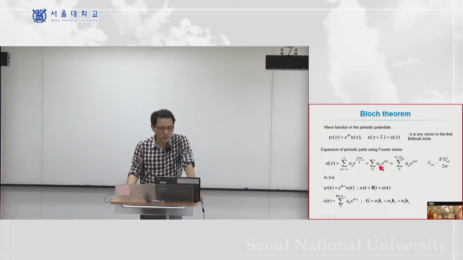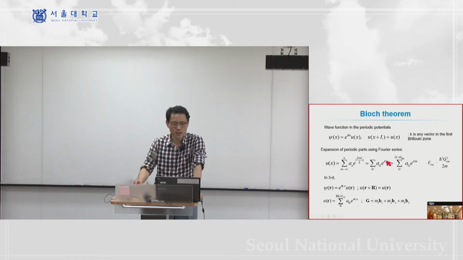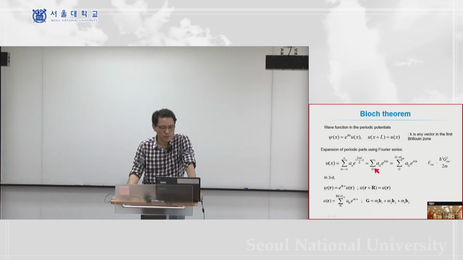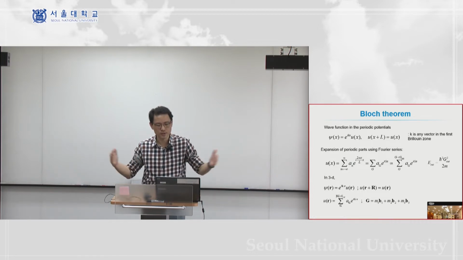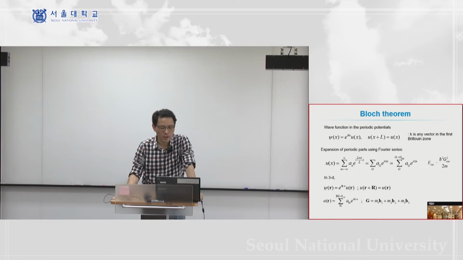Basically, the Fourier expansion is the sum of a coefficient times exponential iGx, where G is any point in the reciprocal space. Since G runs from minus infinity to plus infinity, there are an infinite number of G vectors. To deal with this in computation, we have to cut out some of the points, and we cut them on the basis of the magnitude of the G vector.